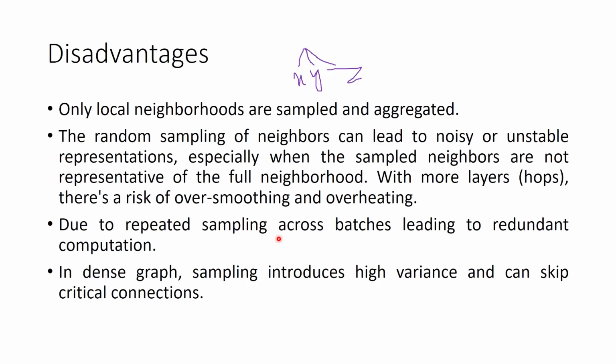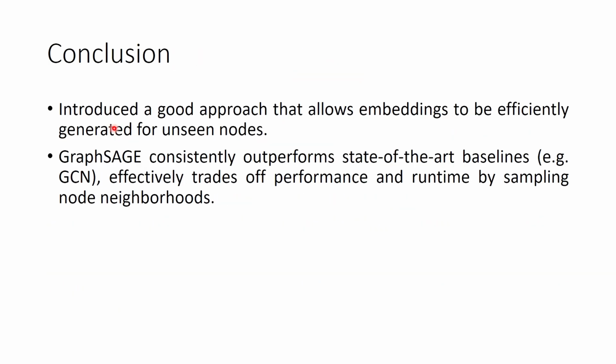For unseen nodes, we can generalize. It introduces a good approach that allows embeddings to be efficiently generated for unseen nodes. The whole point of GraphSAGE is that it can generalize to unseen nodes. It's the most important part of GraphSAGE.